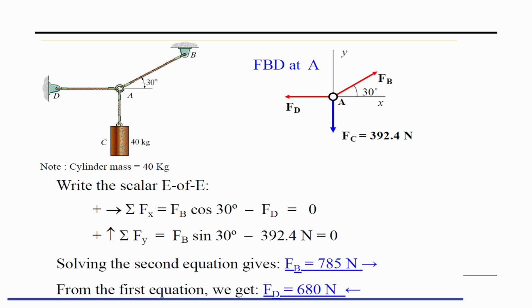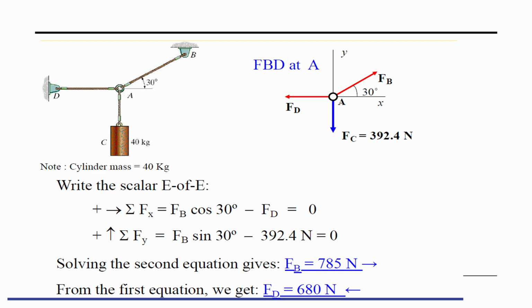From the beginning, we assumed that all of our forces are in tension. That means that they tend to pull. If we obtain our result as a negative, that means that our forces are pushing, that means that all of them are negative or some of them are negative. So the first equation was this.